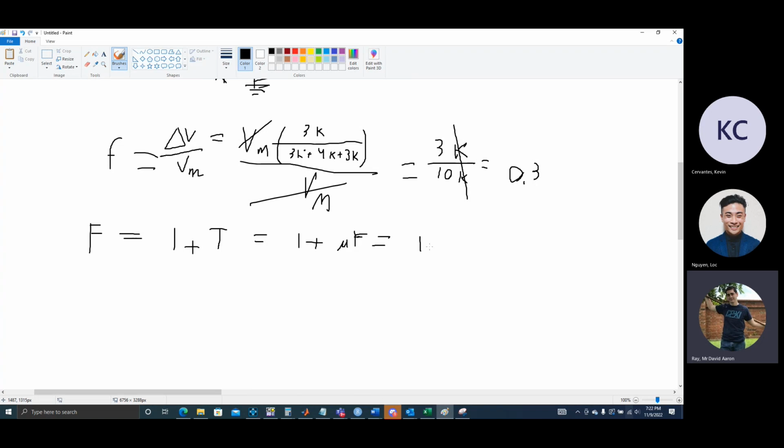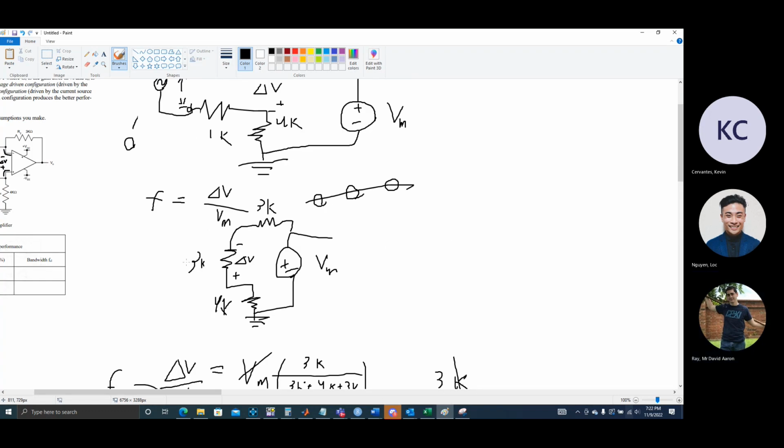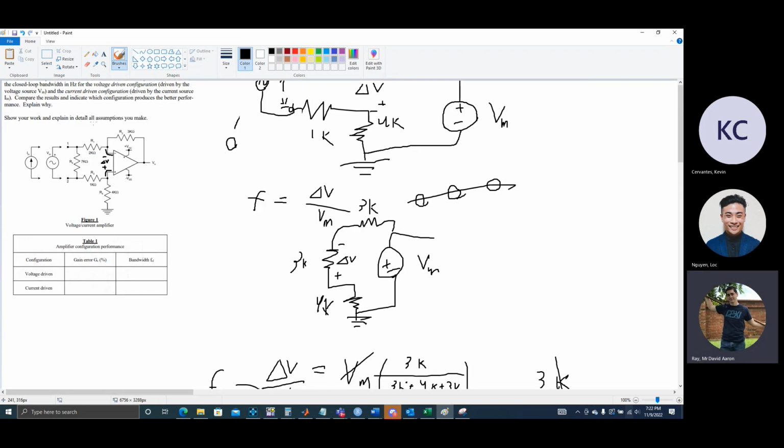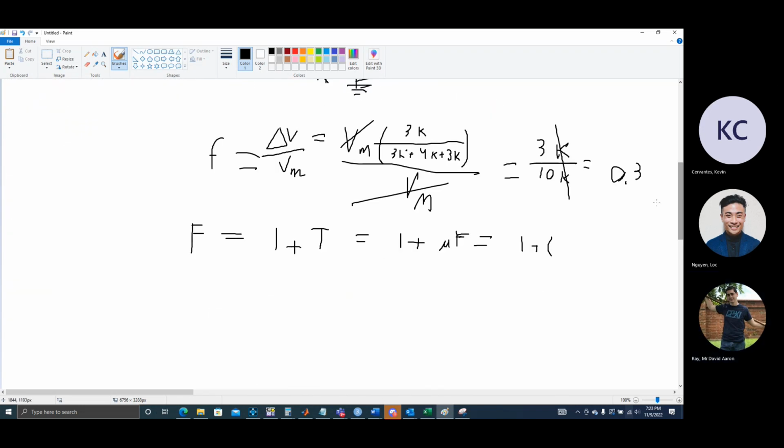So it's going to be 1 plus 0.3, let me do this in order, times the number over here, 5,000 volts. Times your 0.3.